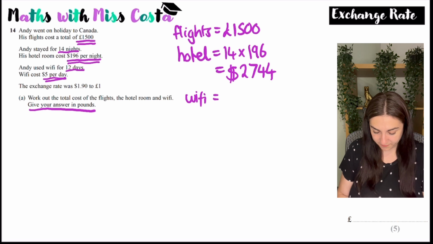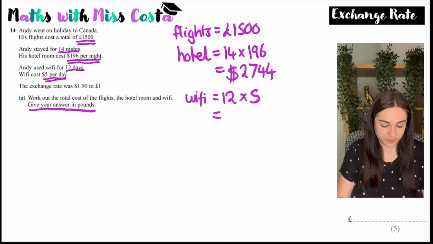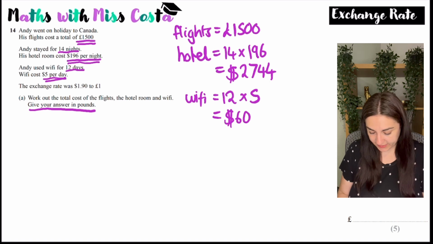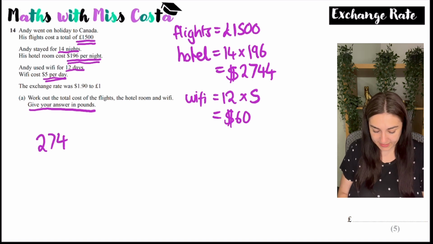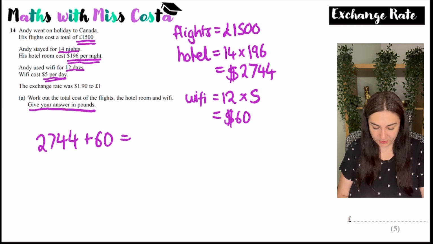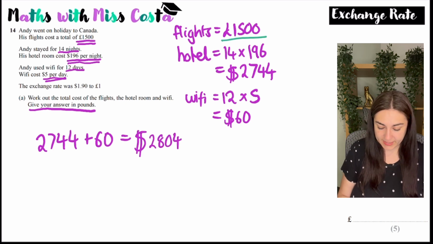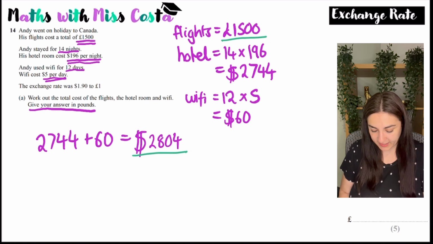And then his Wi-Fi cost $5 a day and he used it for 12 days. So I do 12 times 5, which is $60. So in total, he spent $2,744 plus $60, which is $2,804. So I know he spent £1,500 plus this.